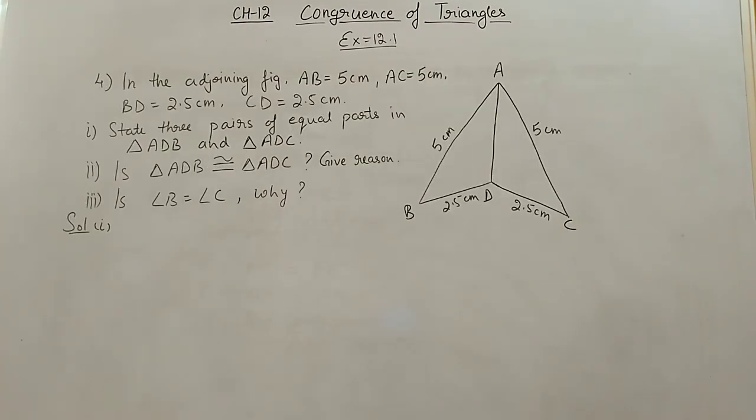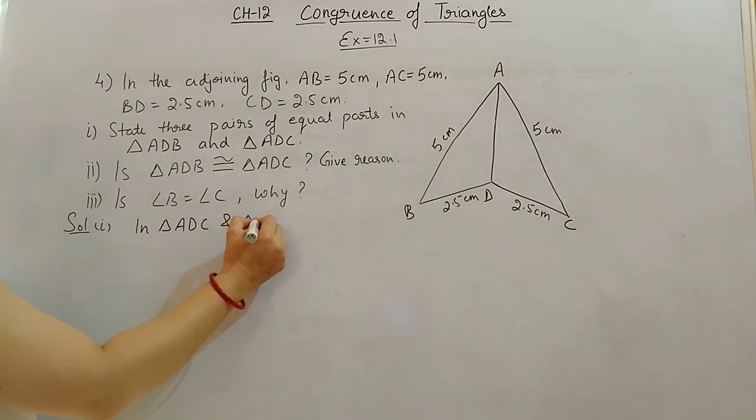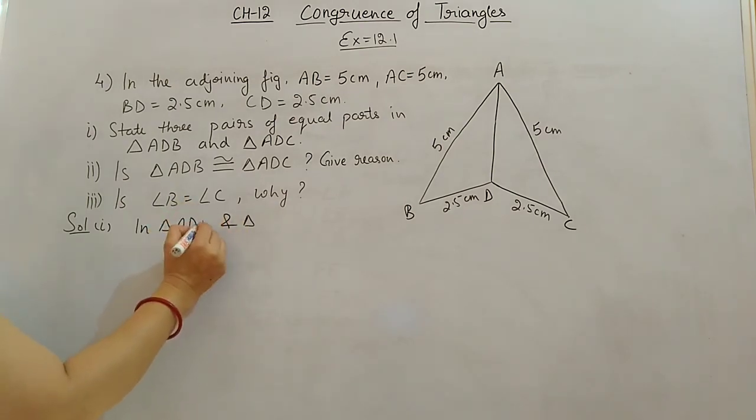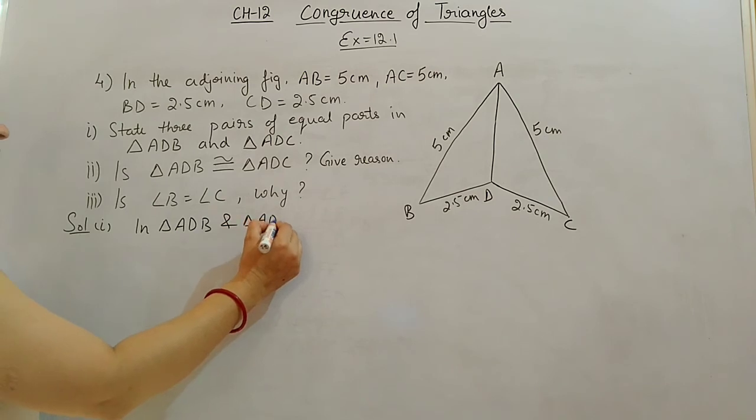Next, question number 4. In the adjoining figure, AB is equal to 5 centimeter, AC is equal to 5 centimeter, BD 2.5, CD 2.5. Then state 3 pairs of equal parts in triangle ADB and triangle ADC.